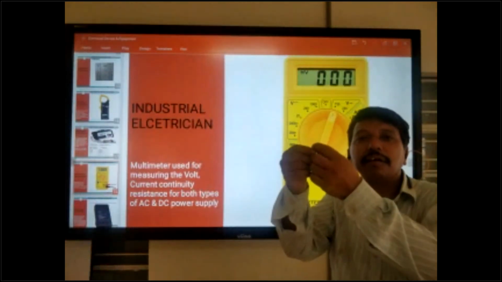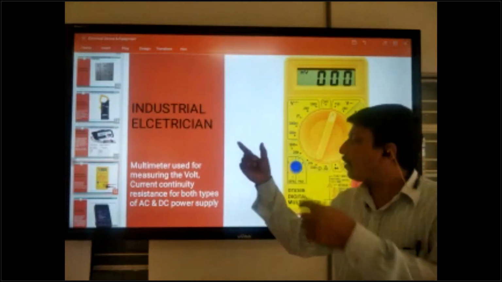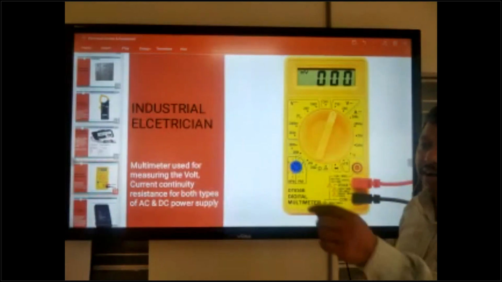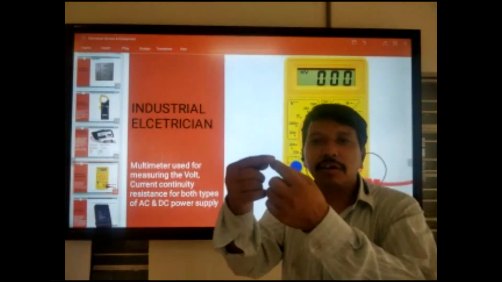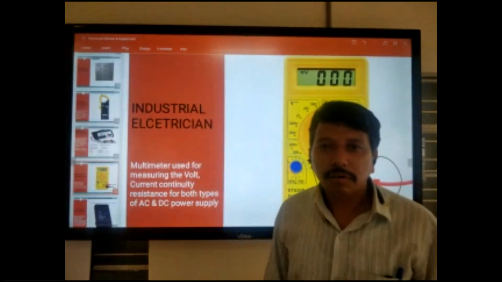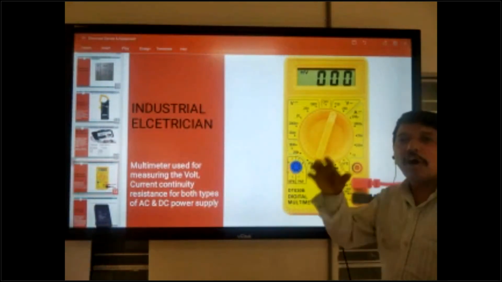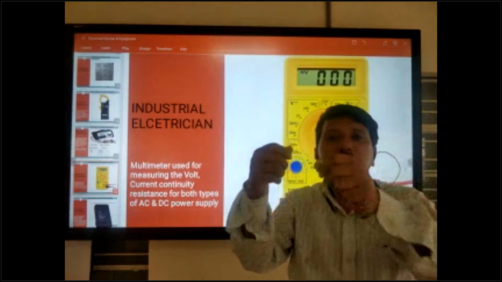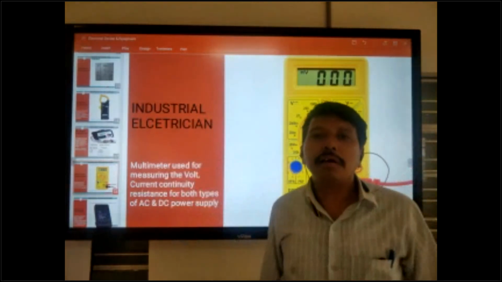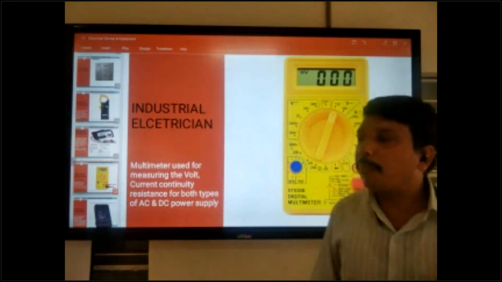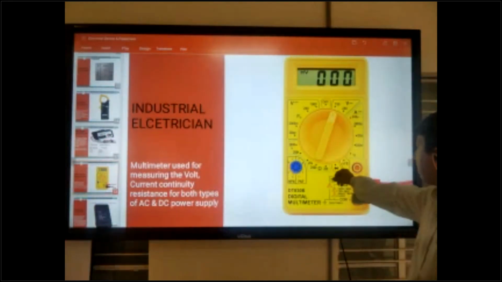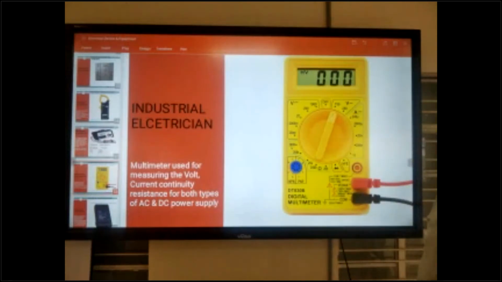Start with the earthing and check one by one. A sound comes: if it is the correct wire, the sound comes; if it is not the correct wire, no sound. So you can use it when any circuit is missing, or when the number is missing and you do not know which is the correct wire for the fan. At that time you can check with continuity.